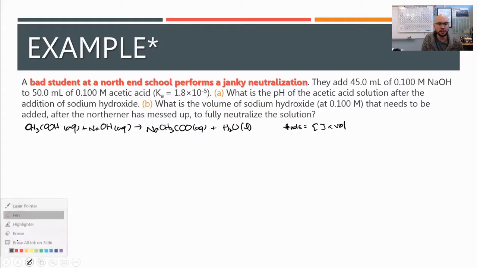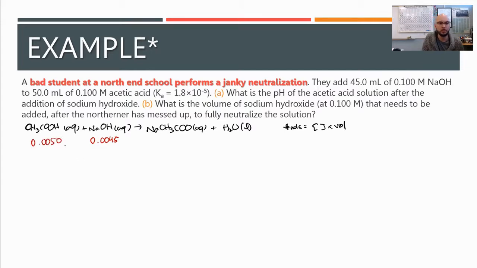I'm going to write the concentrations below here in red. I'm not going to show this calculation. I'm sure that you can do it. 45 milliliters divided by 1,000 is 0.045 multiplied by 0.1 would be 0.0045, and the amount of acetic acid is 0.0050.